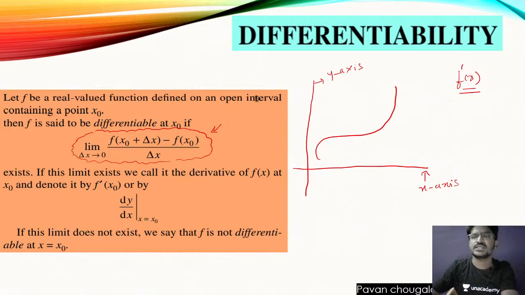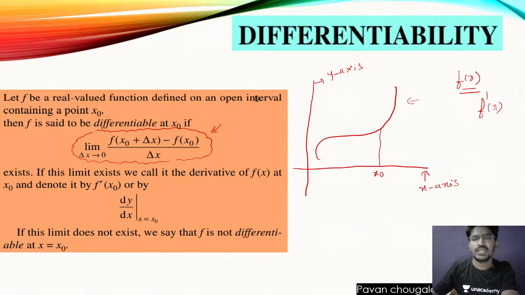So first let us choose f of x as this graph and see what is f dash of x. On the x-axis they choose one element, that is x0.